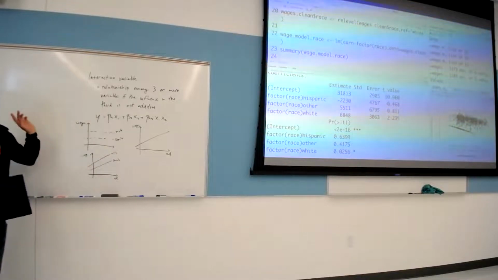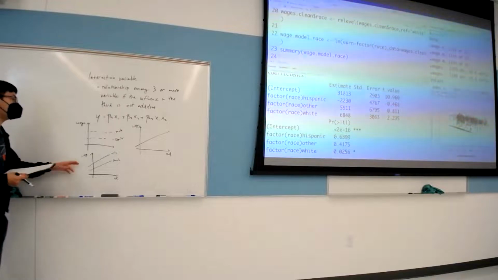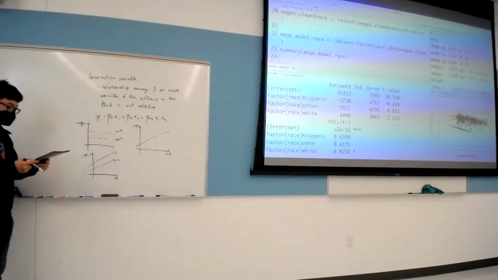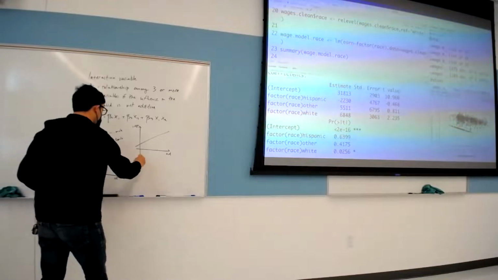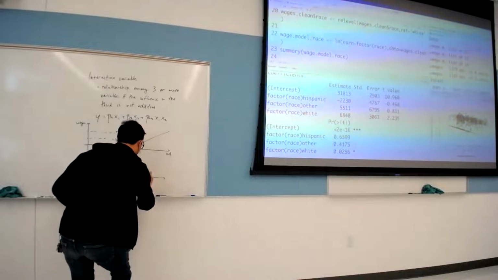But what if you hypothesize that the slope of these 2 lines could be different? Okay, and so that's where this comes in. I can do something like this.